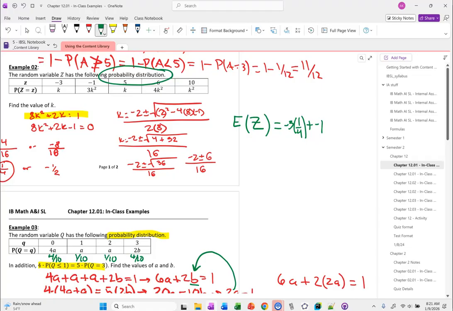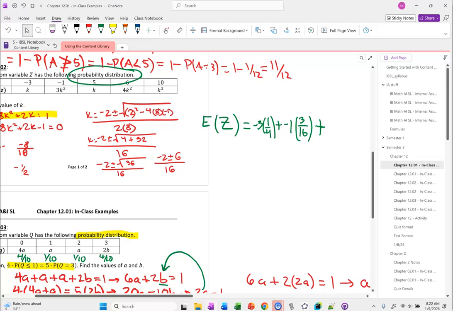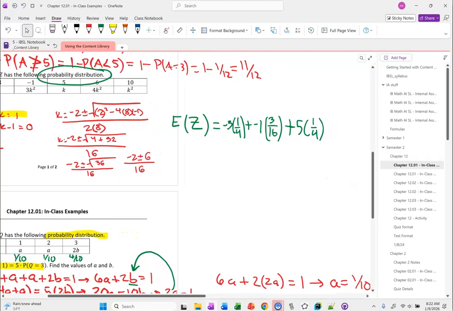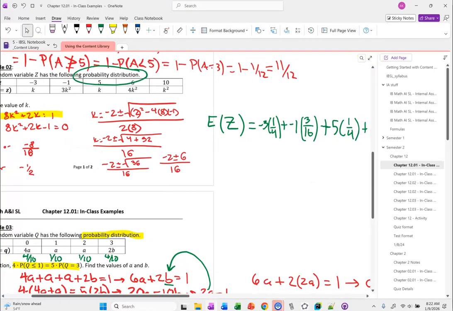3/16. Correct. K is 1/4. Four sixteenths.